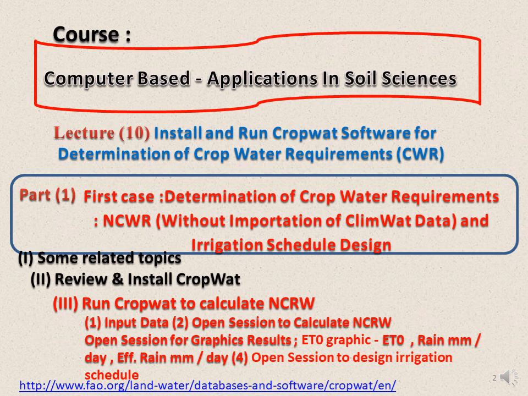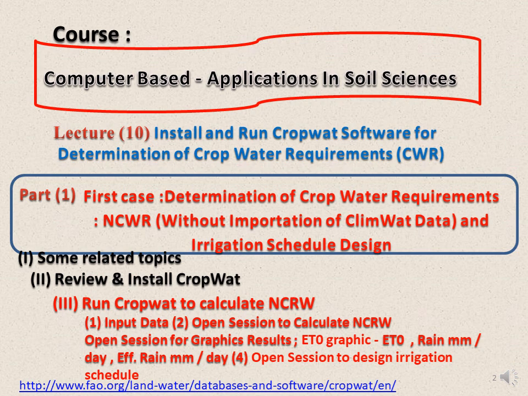We will study some topics related to this subject, then review and install the CropWat software. Then the steps to run and to output the data from the CropWat software. Input the required data, the data of soil and crop and rain.